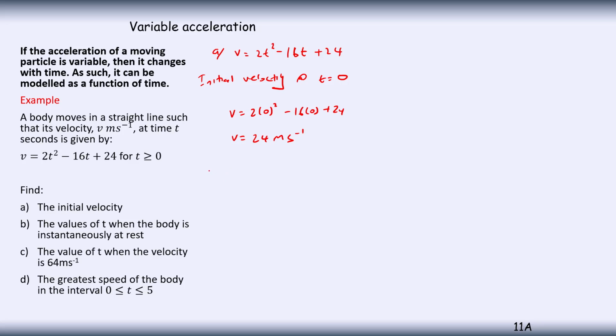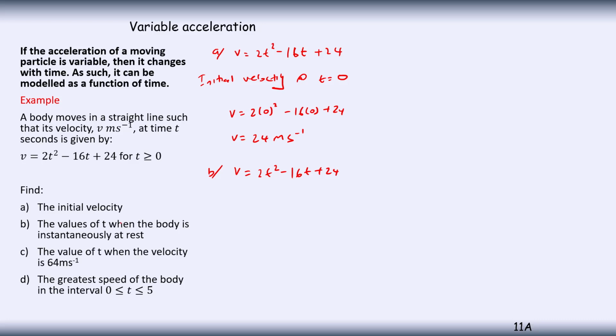And part B then, values of t when the body is instantaneously at rest. So when it's at rest, velocity is going to be equal to 0. So our formula v is equal to 2t squared minus 16t plus 24.